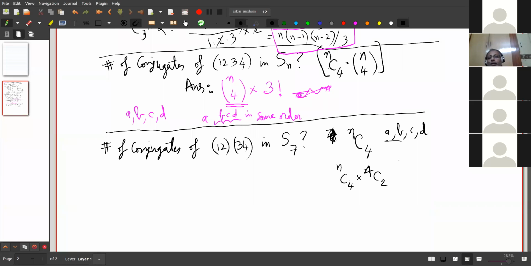So indeed, once I choose AB, CD is chosen, right? So you're saying this should be multiplied by 1/2. Now you modified that, right? Okay, but is this correct now?